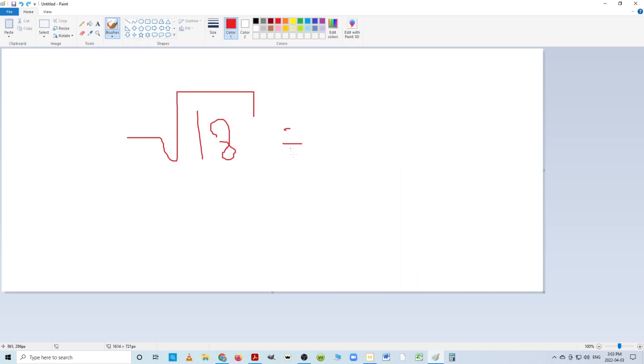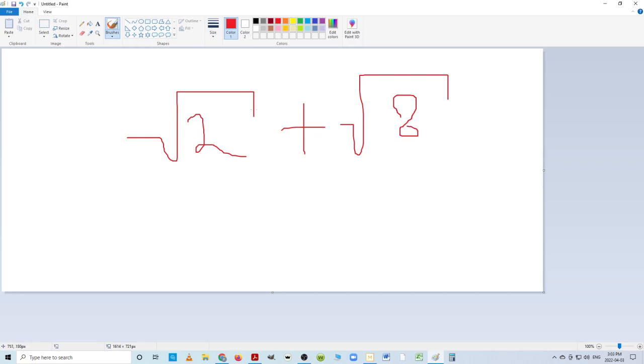Now the last rule is we're not able to add things. And let's see, what would be a good one? Yeah, we'll do 8. We're not allowed to add these two things, except that 8 here can be rewritten as 4 times 2, which can be rewritten as 4 times square root of 4 times the square root of 2.